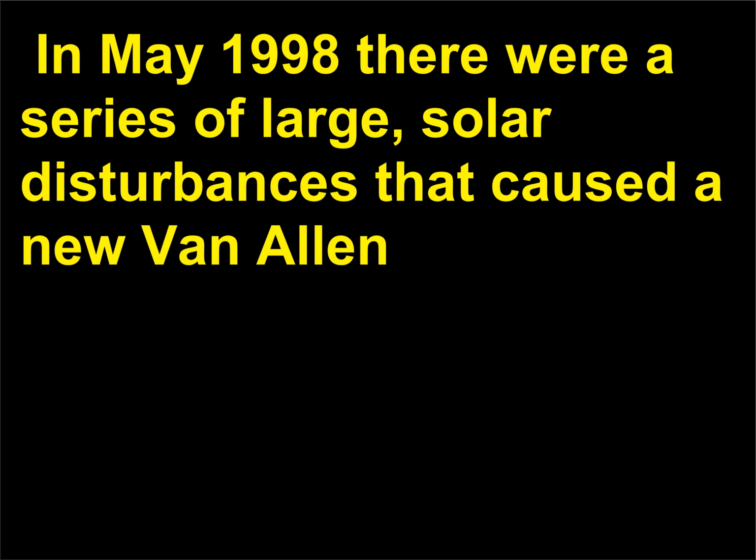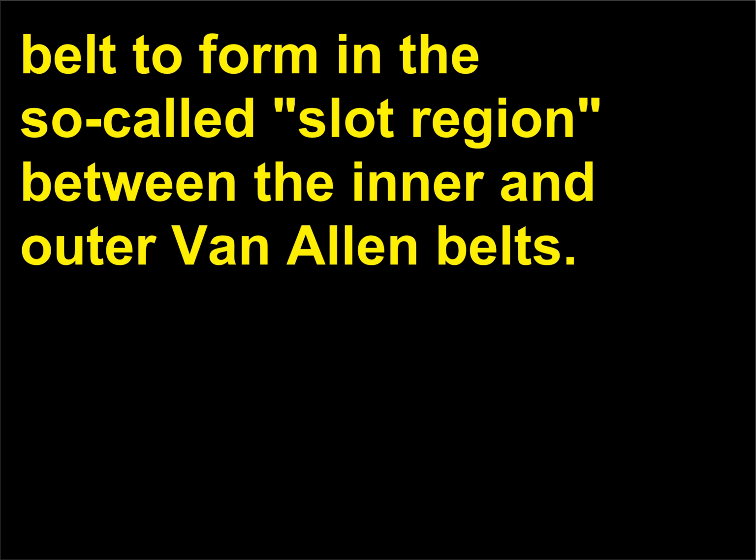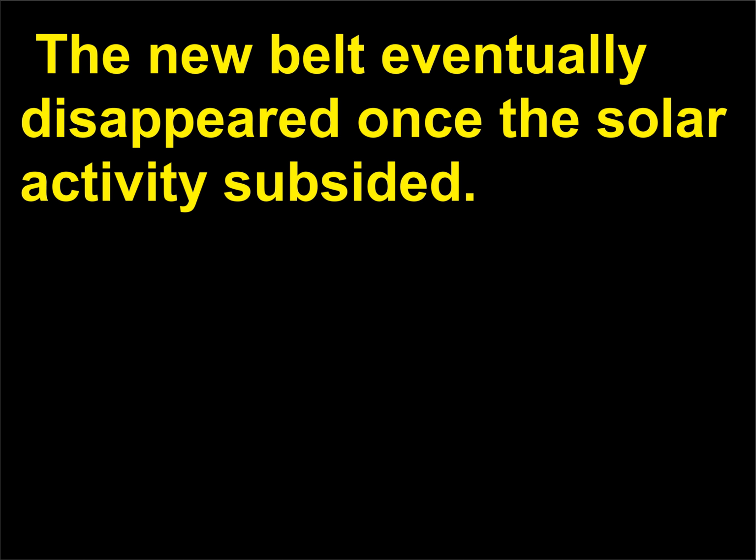In May 1998 there were a series of large solar disturbances that caused a new Van Allen belt to form in the so-called slot region between the inner and outer Van Allen belts. The new belt eventually disappeared once the solar activity subsided.